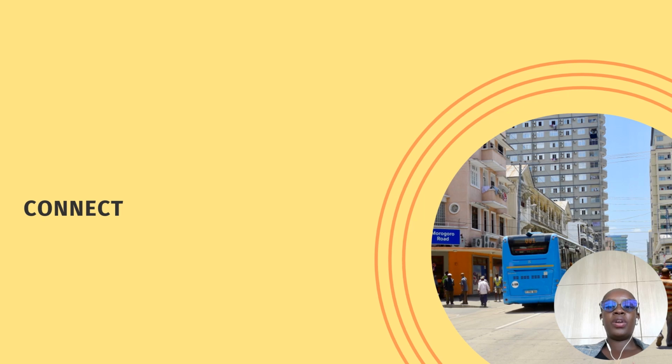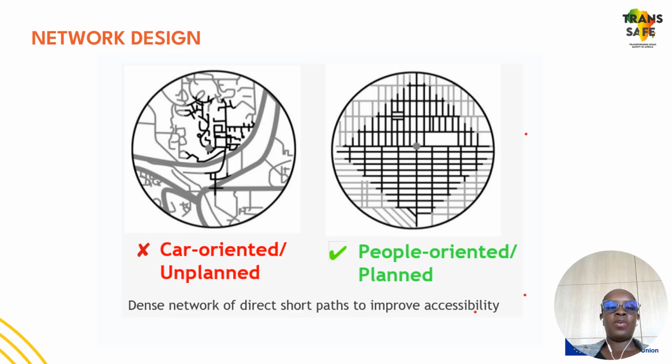Connect is another principle of transit-oriented development. From this slide, we are able to see on the left a network design which is done in a car-oriented manner, which prioritizes connectivity of the routes or corridors used by cars. And we have the one on the right showing a people-oriented or planned network design.